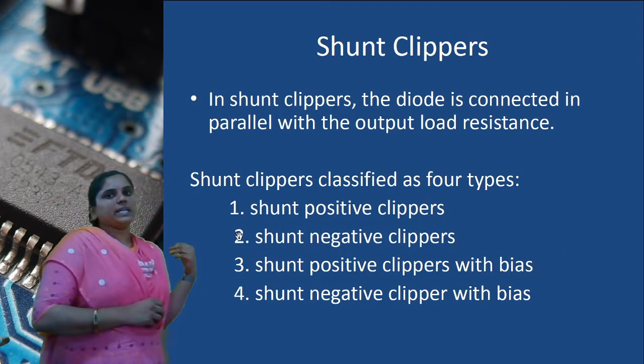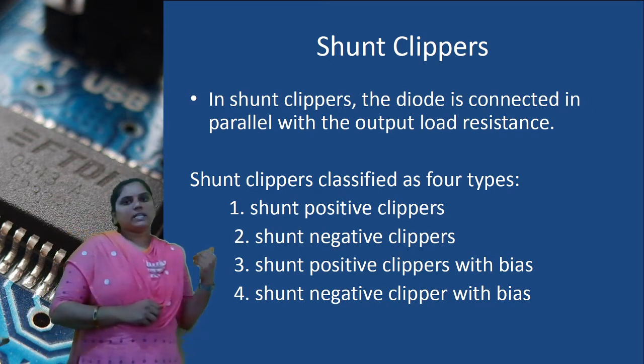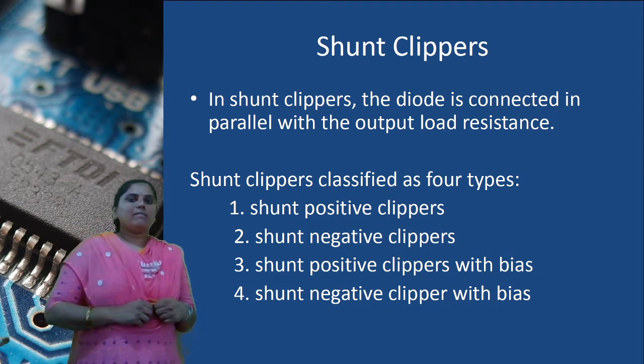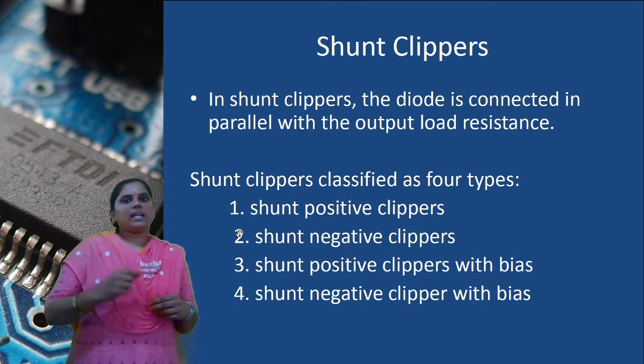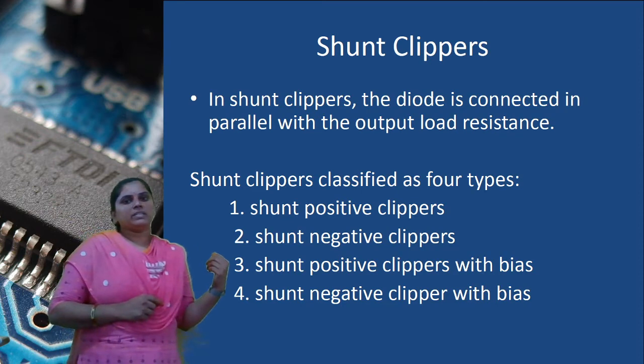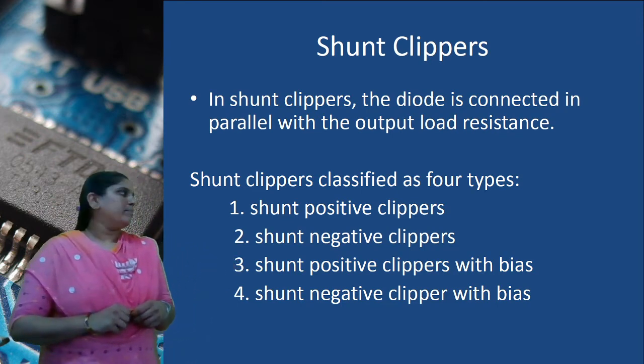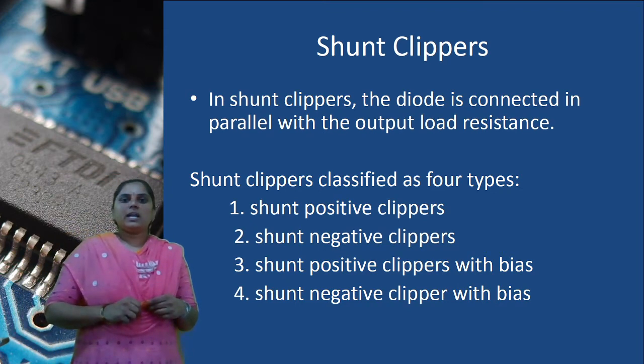What is meant by a shunt clipper circuit? In shunt clippers, the diode is connected in parallel with the output terminals. These shunt clippers are again classified into four types: shunt positive clippers, shunt negative clippers, shunt positive clippers with bias, and shunt negative clippers with bias.